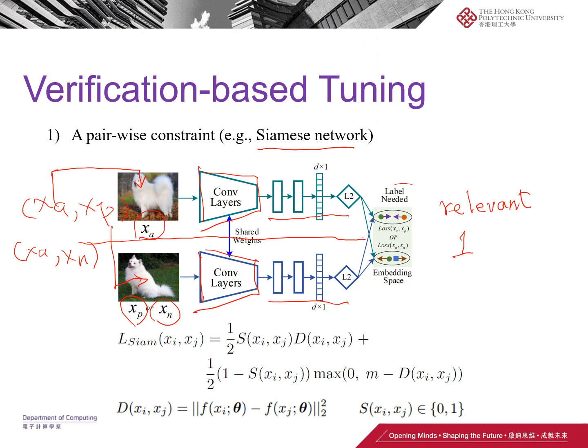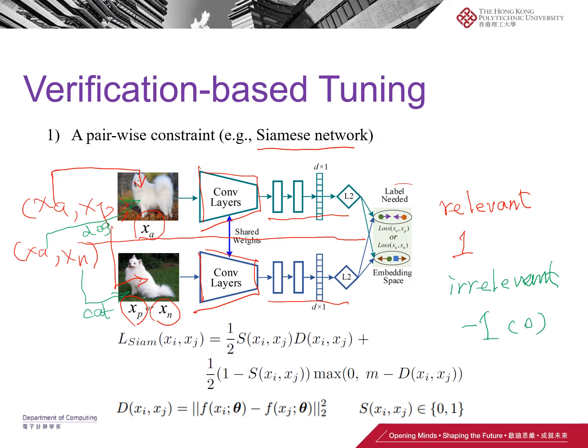And in case we are inputting a negative pair, for example, the query image is a cat, which goes here, and the target image is a dog, or vice versa. This is a dog, this is a cat, as shown here. So in that case, it's an irrelevant pair. We hope the output will be -1 or sometimes 0.